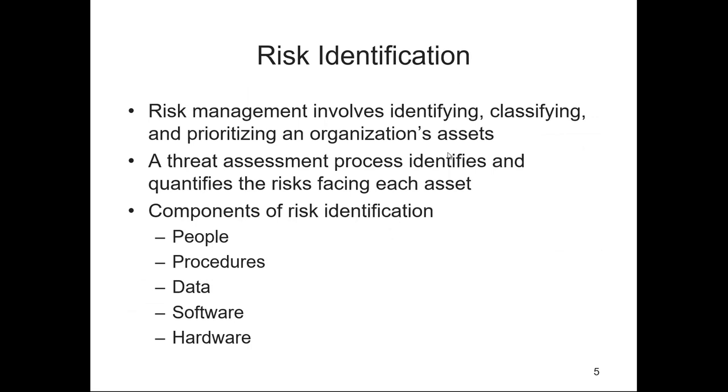So in the first process, let's talk more about the risk identification and see how it works. The organization's risk management strategy will include identifying, classifying, and prioritizing the organization's information assets. What are the assets? What do we have as assets in the company? Is it the data? Is it the machines? Is it whatever we have?